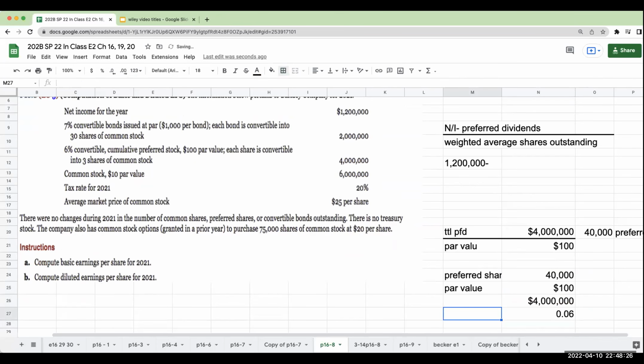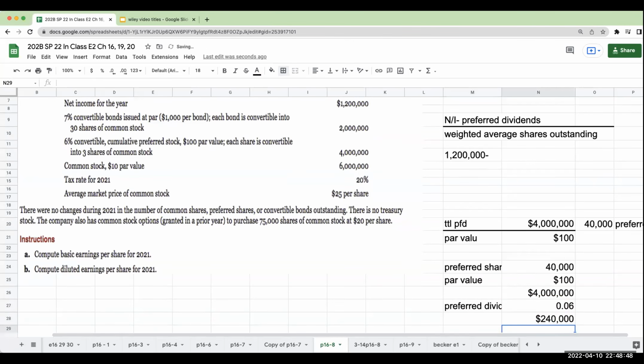Why did I not just take 6%? You'll understand why momentarily. The preferred dividend is at 6%, so the amount is going to be 240,000. So this is going to be 1.2 million minus 240,000, and I'm going to divide this by my common shares outstanding.